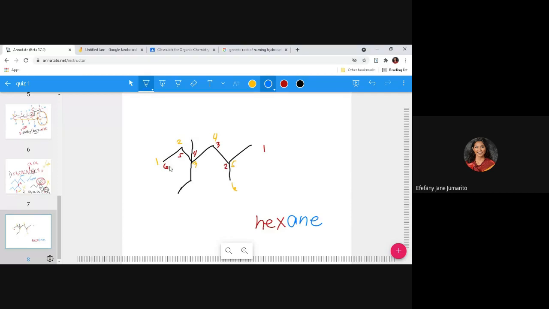Now, what will be the substituents? What are the substituents in yellow? If we count from yellow, kaning yellow nga number, we have 3 and 5. 3 and 5. Okay, 3. Unsa man ang nasa 3?